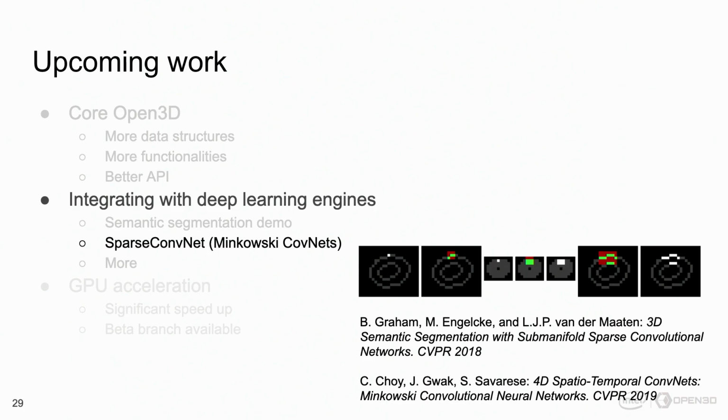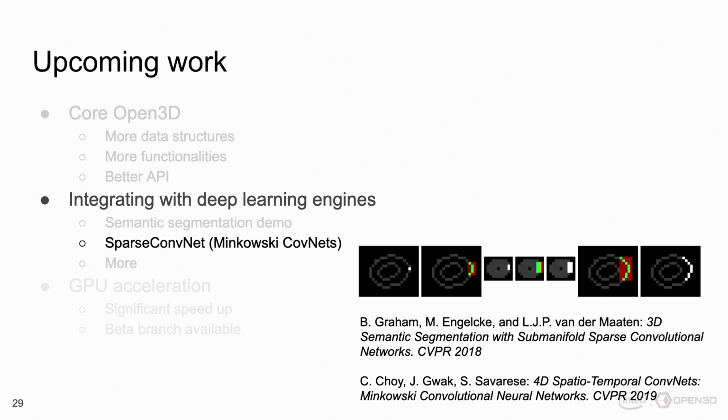Okay, and the next thing we're going to highlight is the integration with Sparse Convolution. As in 3D data, in a lot of scenarios, the 3D data are very sparse, right? As we see in the voxel grid, the valid data might only be inside a small subset of locations. So it's important that sparse computation can be used, such that we don't waste computation.